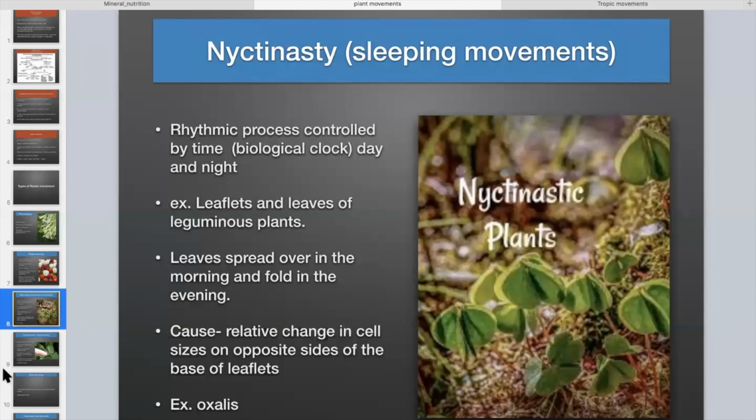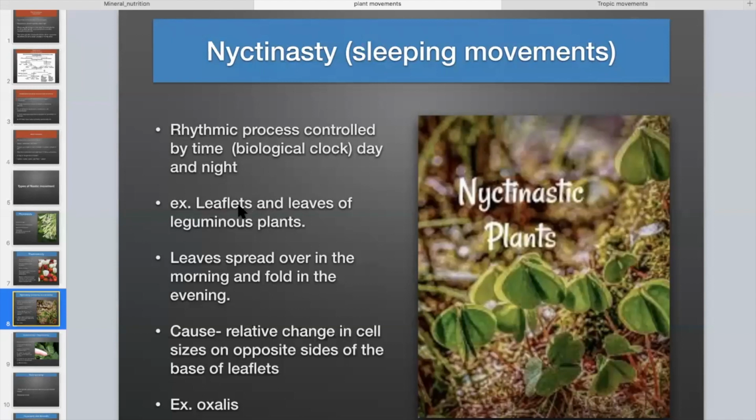Here a rhythmic response is seen. Rhythmic response means it is a response to the biological clock. According to the clock, changes are seen. That is, in the daytime they are different, and in the night time they are different. This type of movement is called sleeping movements.